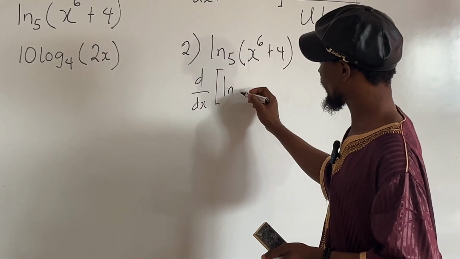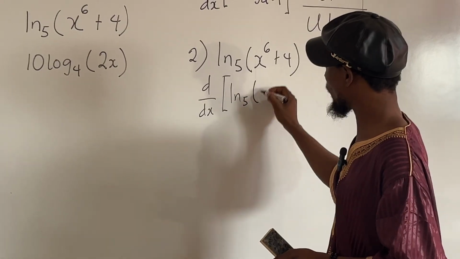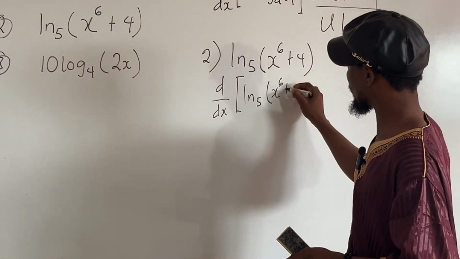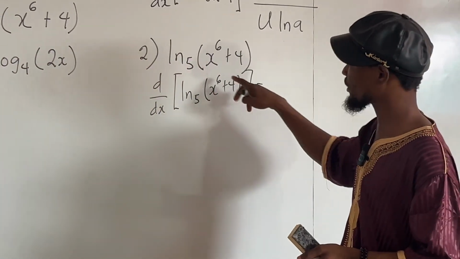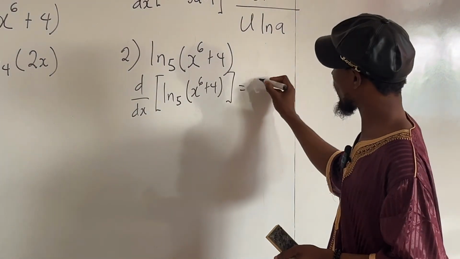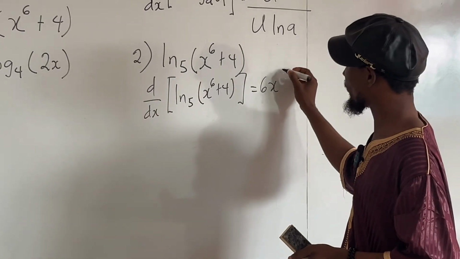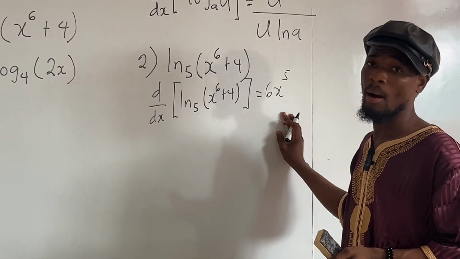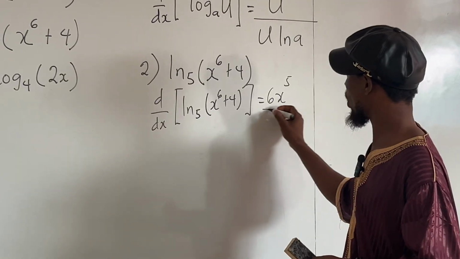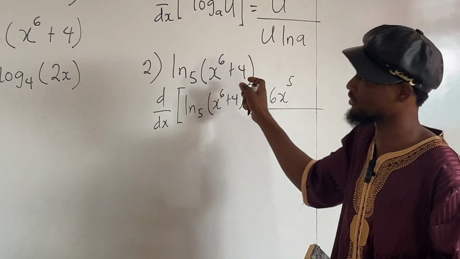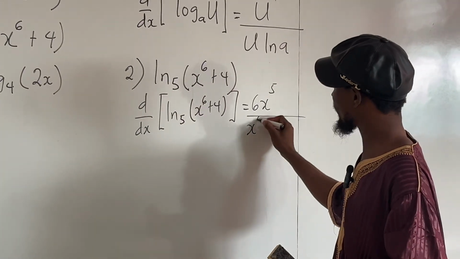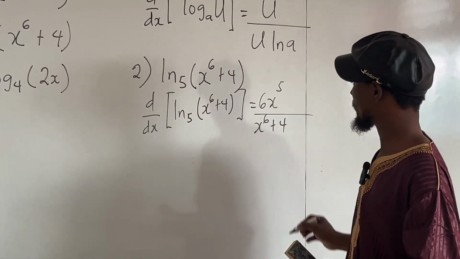So d over dx of log to the base 5 of x to the power 6 plus 4 is equal to u differential. In other words, I'm supposed to differentiate this, right? So I have 6x to the power 5 using the power rule. Then all over, do I know u? This is u, and u is simply this expression, so I have x to the power 6 plus 4.